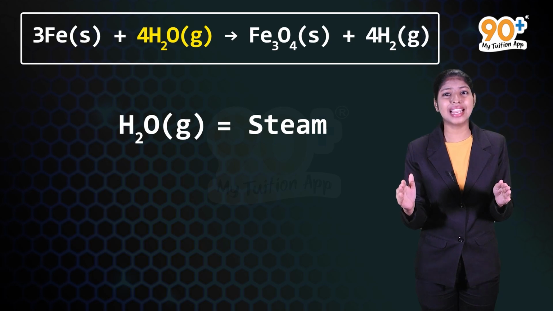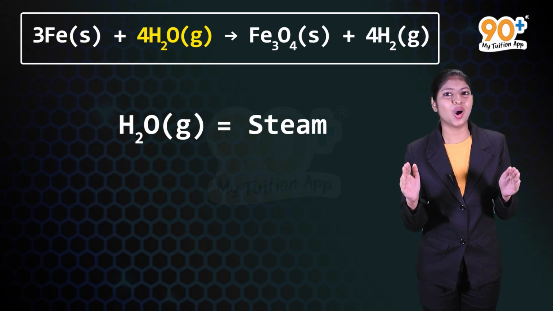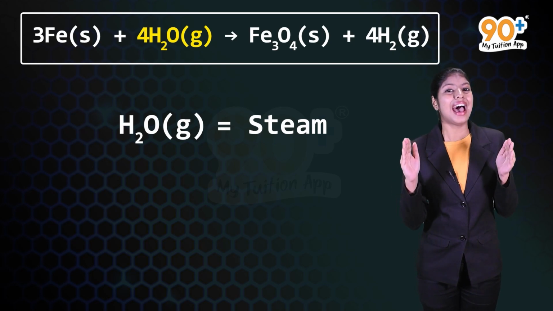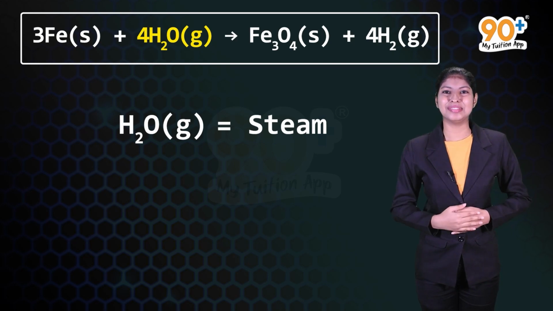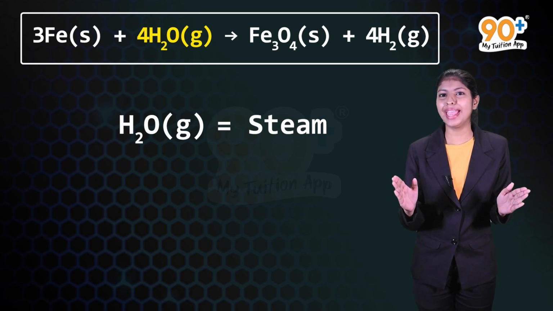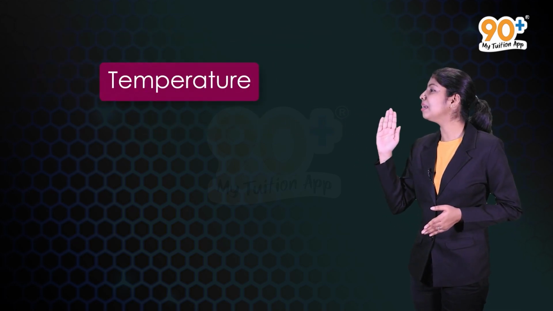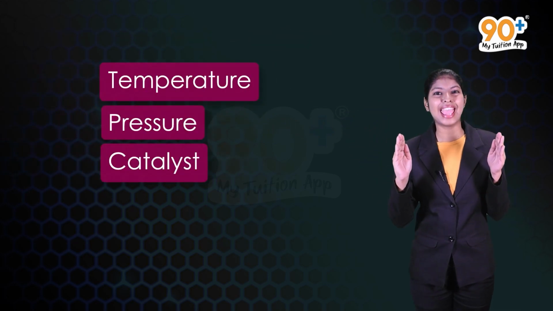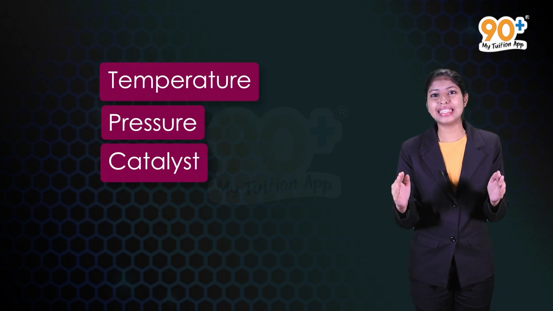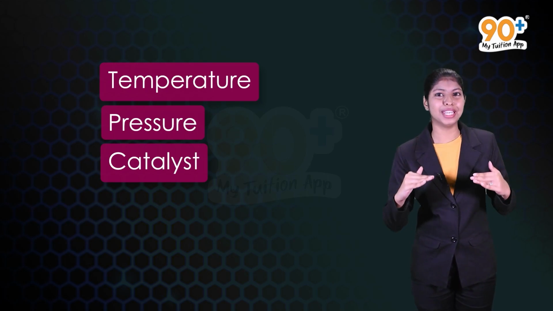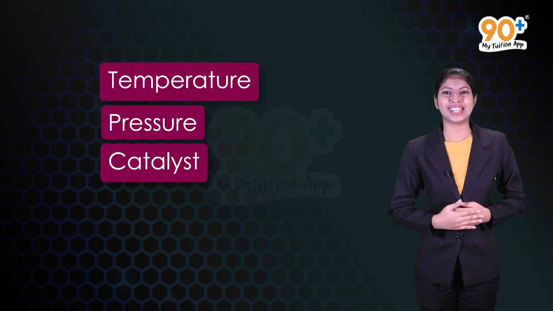Usually physical states are not added along with the chemical formulae unless it is necessary. Sometimes we may add the reaction conditions such as temperature, pressure, catalyst, etc., which may be indicated above or below the arrow in the equation.